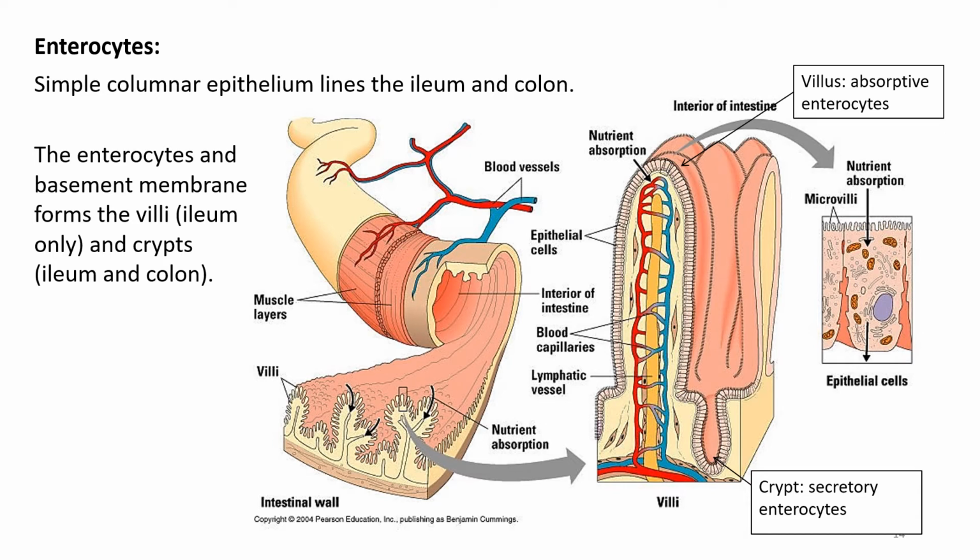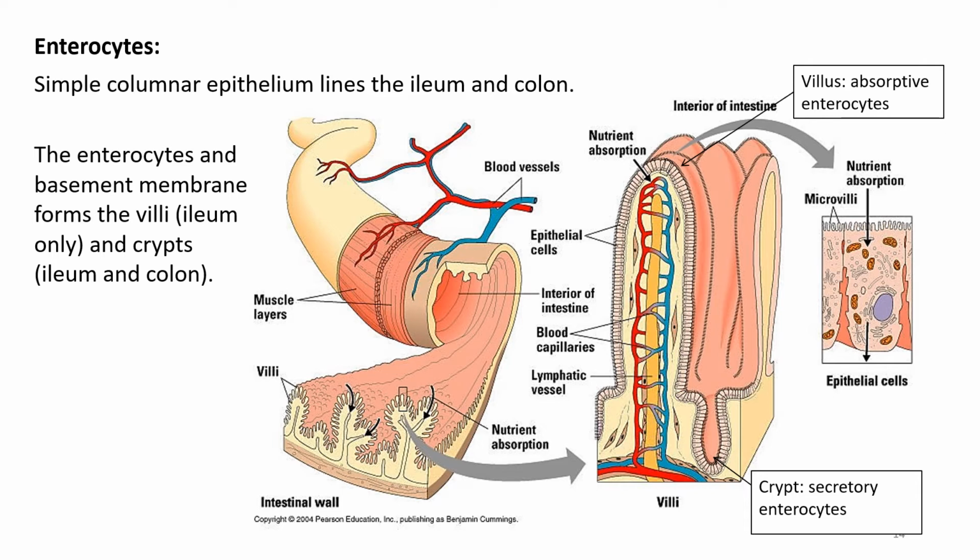At the bottom of those finger-like projections, the villi, you have crypts. And both those areas really have different functions we'll talk about in a minute. The colon, though, doesn't tend to have villi. We're really talking about the ileum if we're talking about villi.